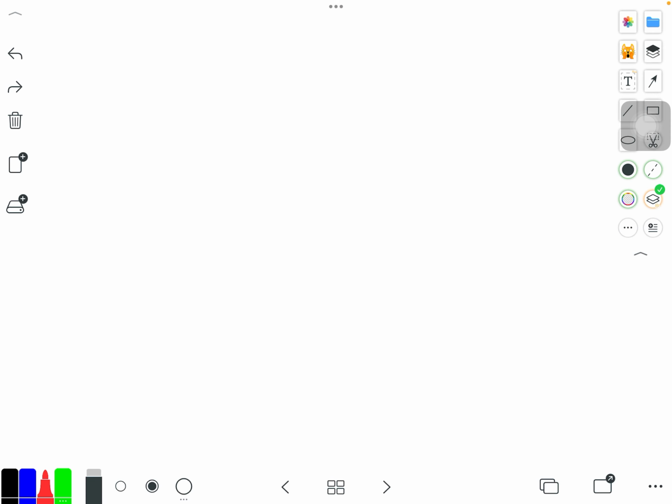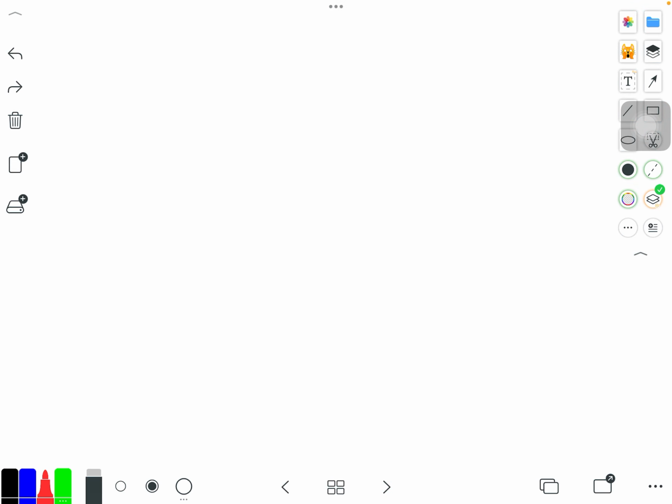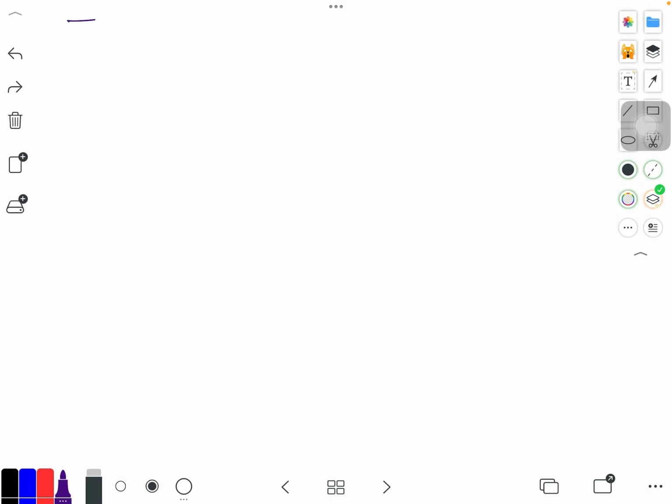Now, we have already discussed its epidemiological data. Now let's see what is actually going on with the person. Primarily, because all the muscles in the body are affected, there will be skeletal muscle or any kind of muscle weakness, depending upon which type of muscle is involved.